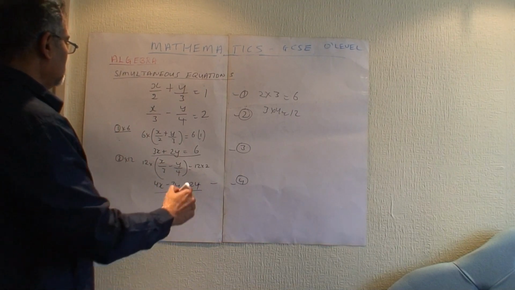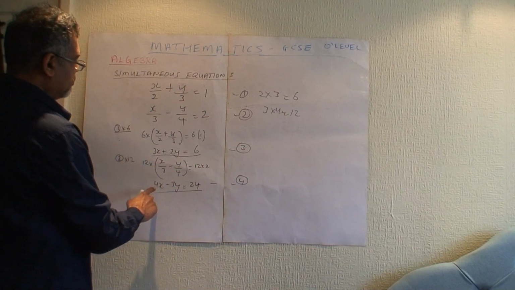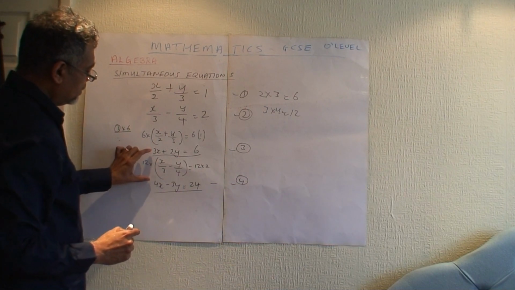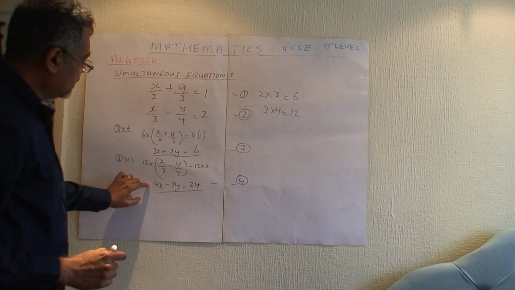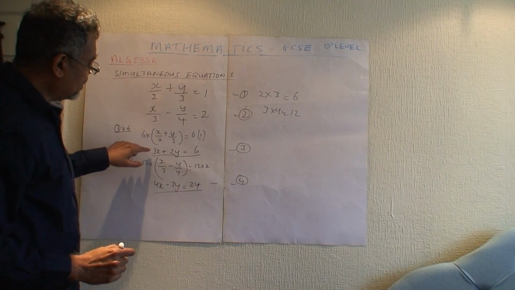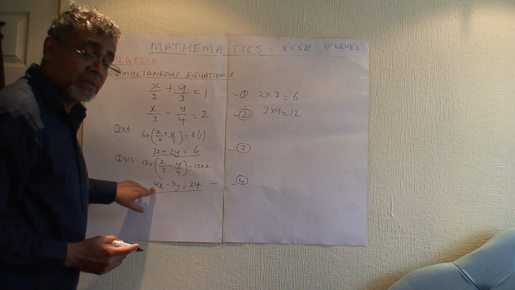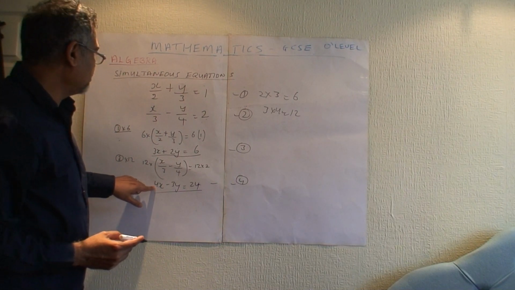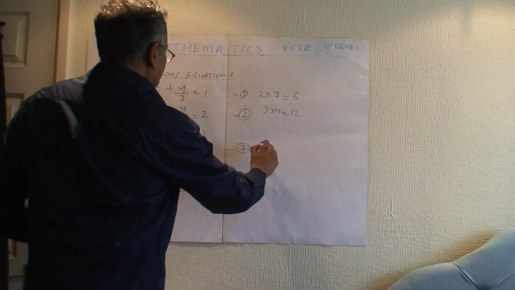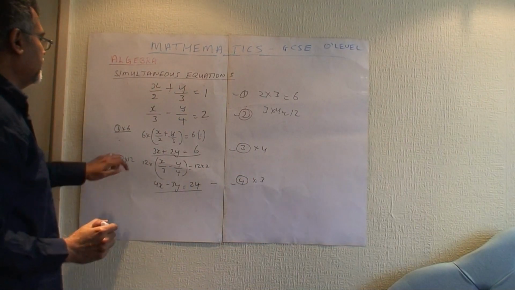So we're going to multiply this 3 by the 4 and this fourth equation by 3. So you want the x to be the same. If we multiply the 3x by 4, it becomes 12x. We multiply the 4x by 3, it becomes 12x. So we multiply the 3 by 4, and multiply the 4 by 3.